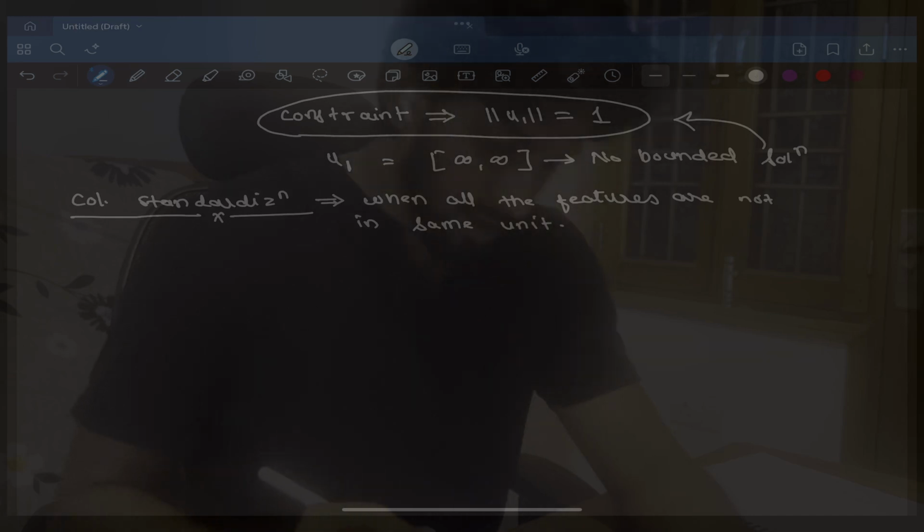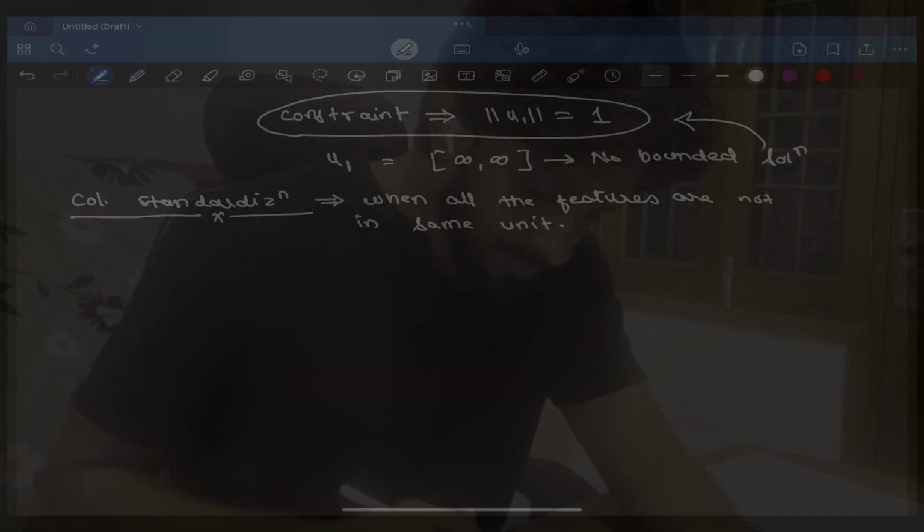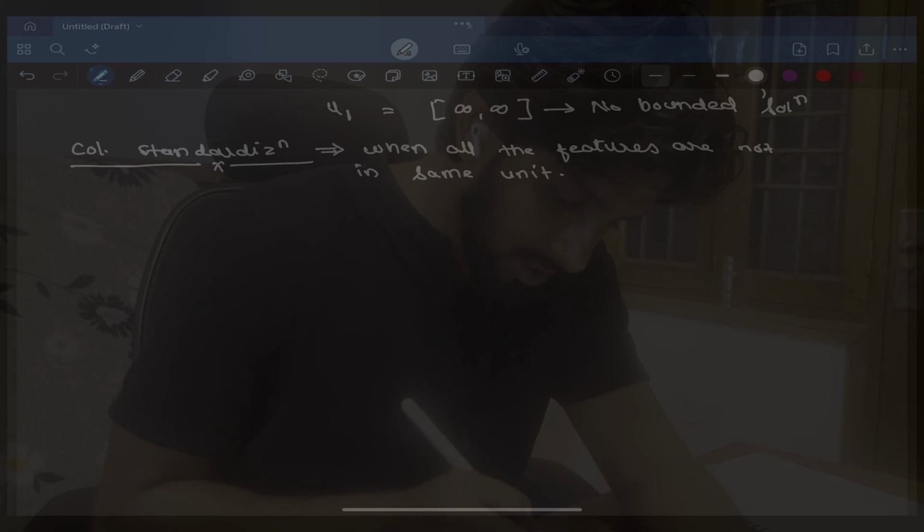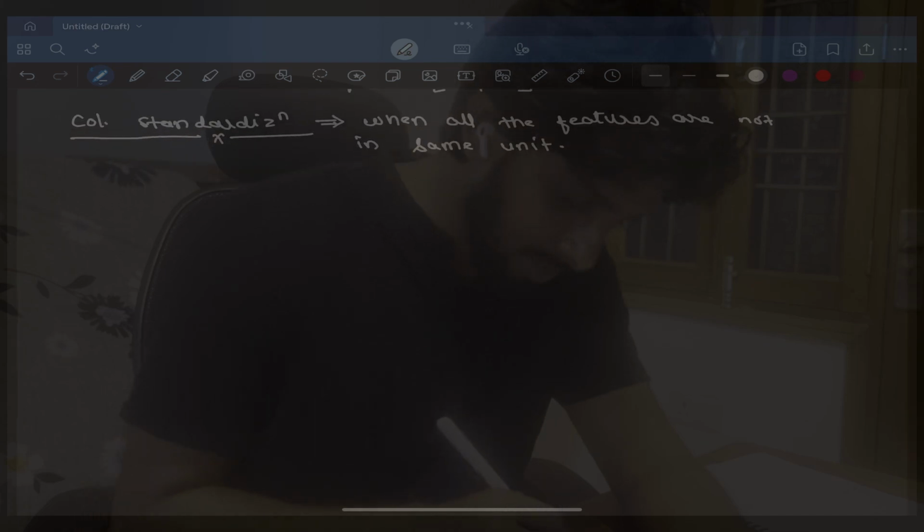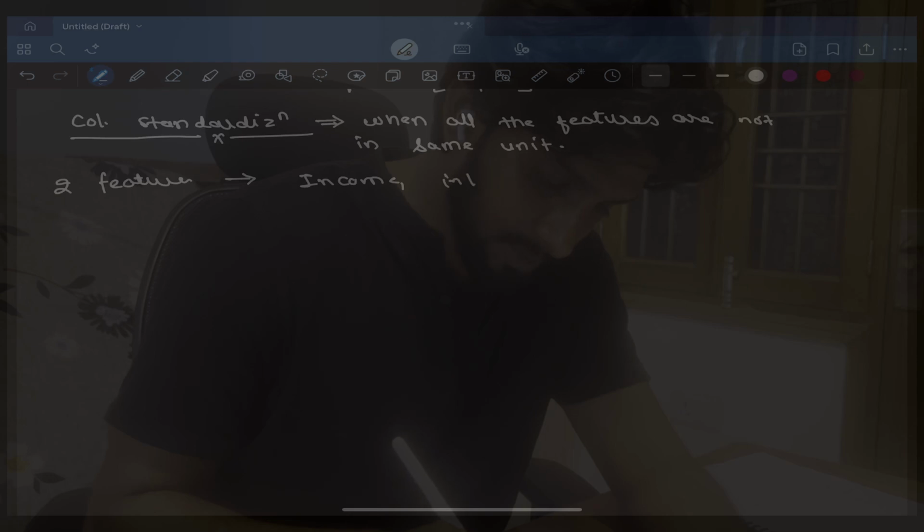So for example, if I have two features, one is income and one is interest rate, income can vary a lot, but interest rate varies a little.